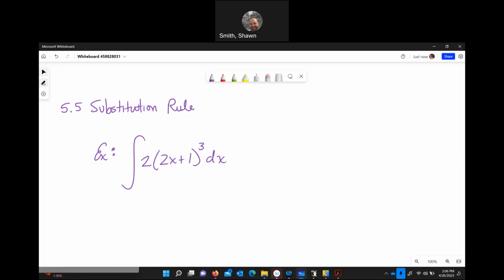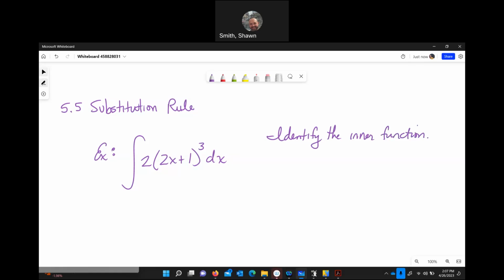You always want to identify what the inner function is. The inner function is the very first thing that you do.